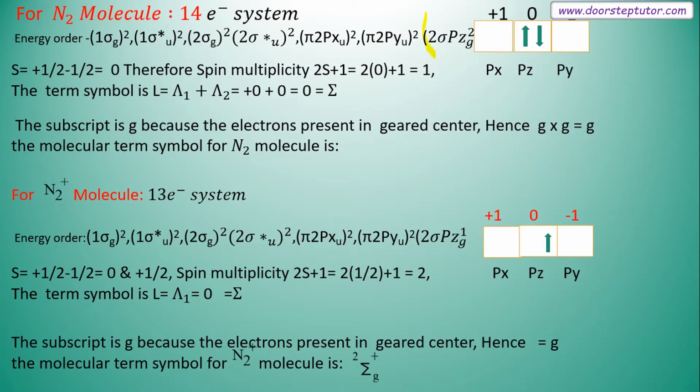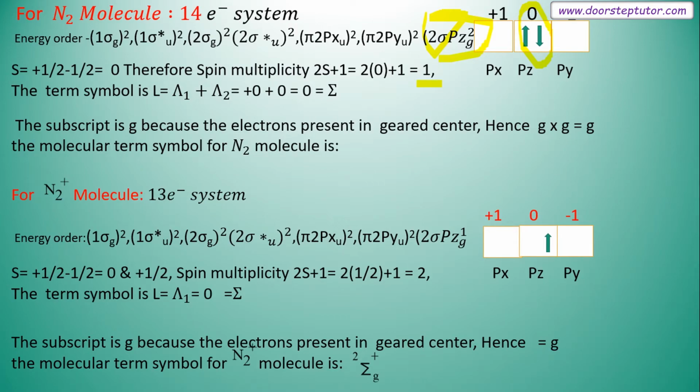Here you consider only this system. In this system we have two paired electrons, paired up in this pz level, with positive and negative spin. Therefore plus half minus half is equal to 0, so the spin multiplicity 2 into 0 plus 1 is equal to 1.